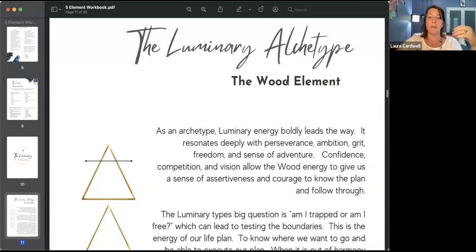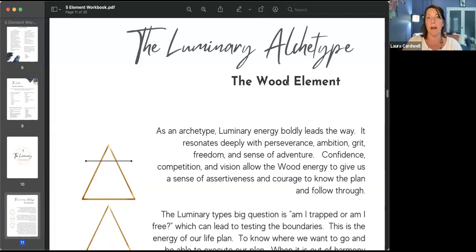Characteristically, it has a lot of energy of new potentials, early spring growth. I want you to think about springing forward from being coiled in tightly into the water, and then it springs forward. So it's an action-oriented archetype.